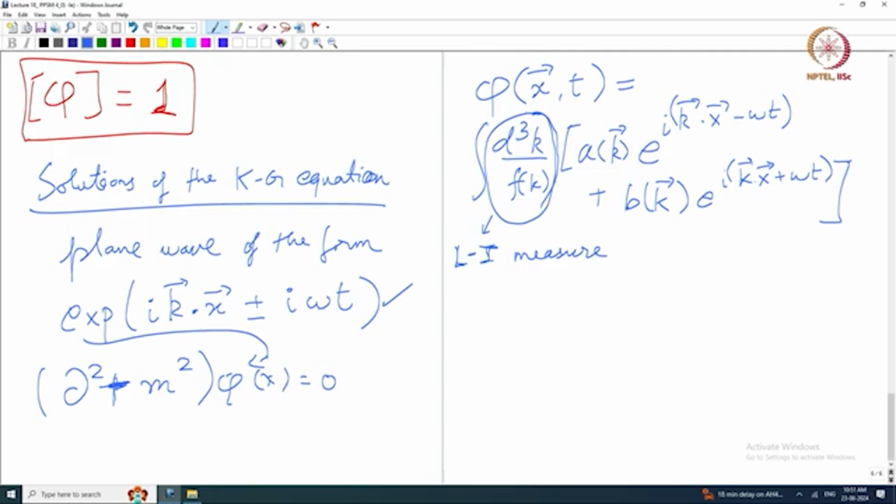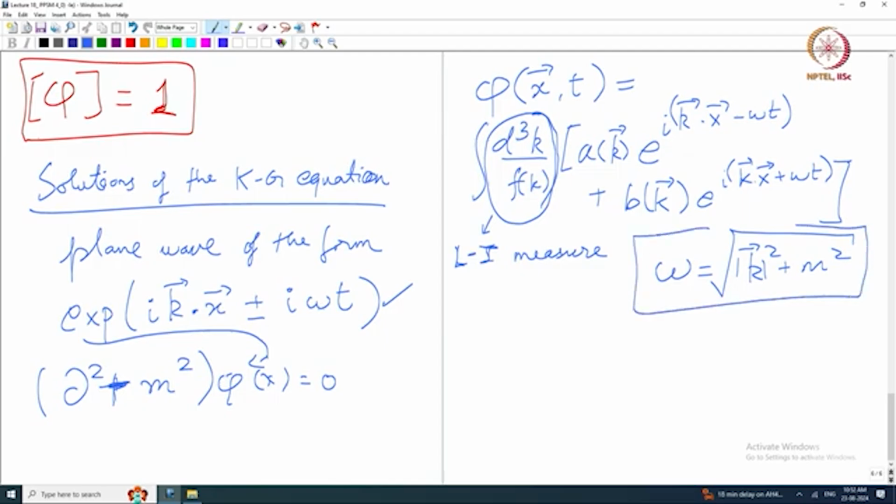Now, what is the relation between ω and k here, because it is a plane wave? It has to be this, right. ω is the square root of k squared plus m squared, that is, the particle is on shell. So, this is the relation that I put in to get a plane wave solution.